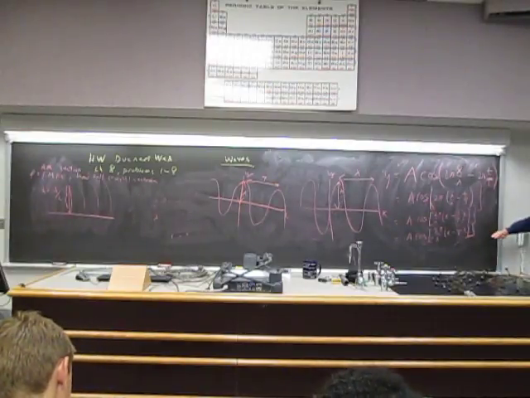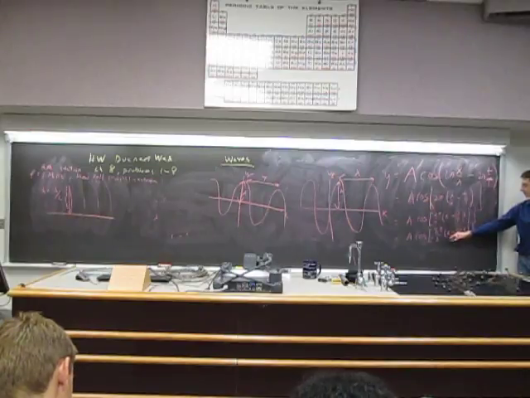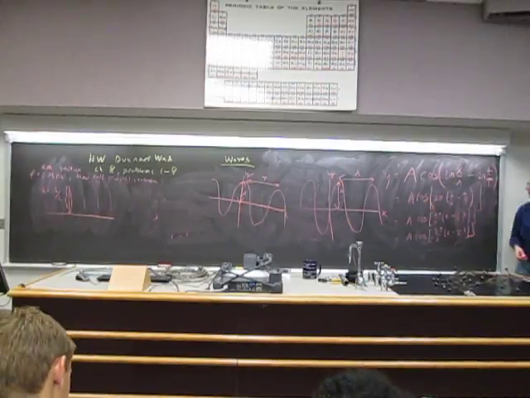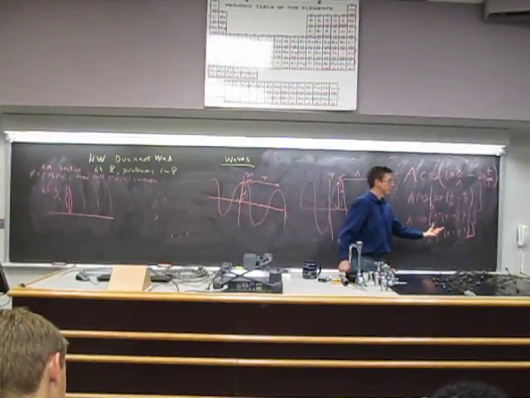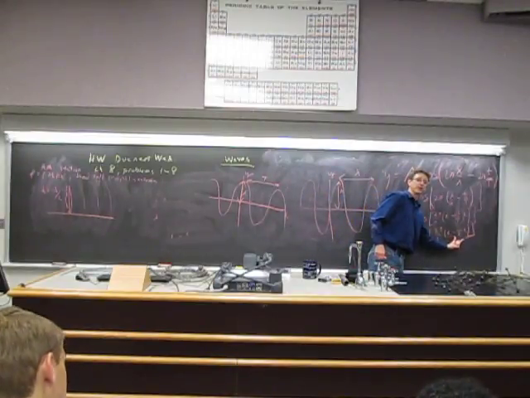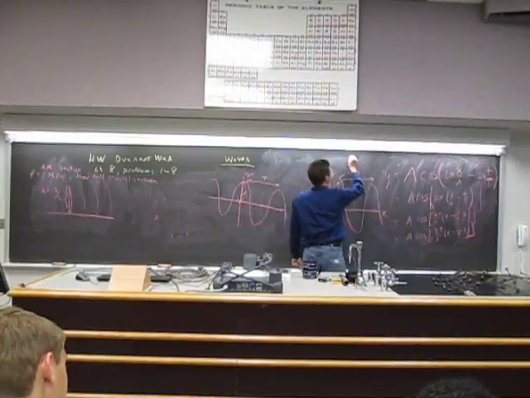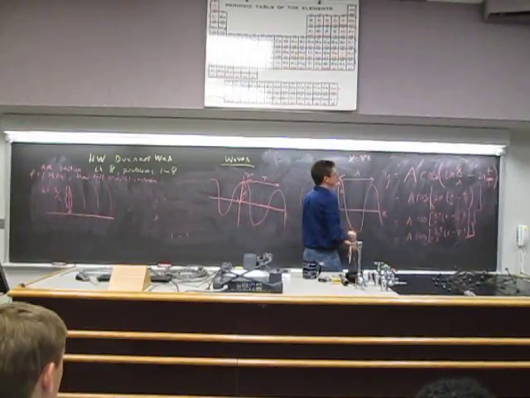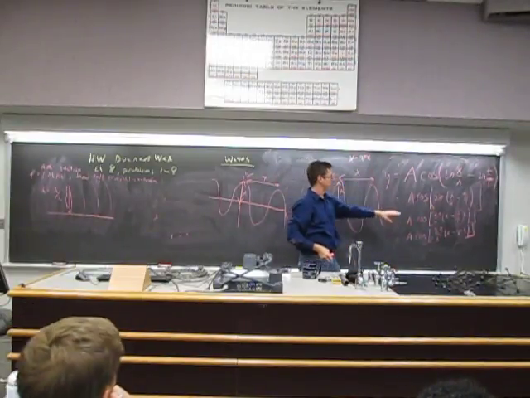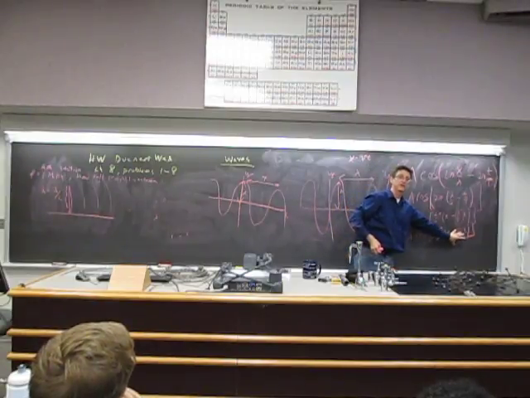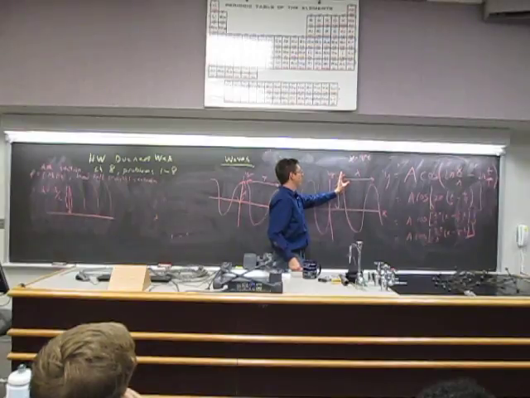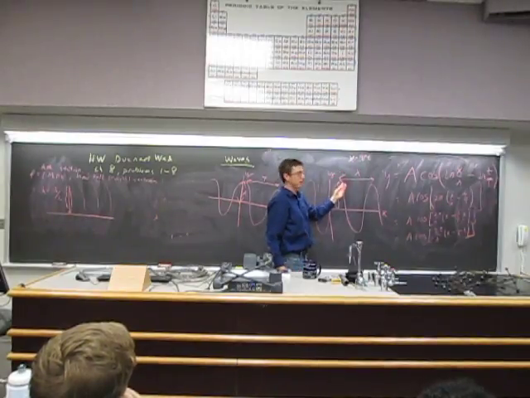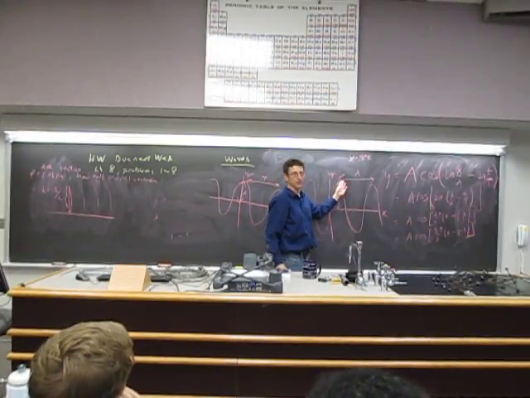If I wanted to just be at a peak of the wave, that would be where this x minus vt is constant, right? If x minus vt is a constant, that would mean this cosine would be a constant. So if I'm on the x minus vt constant, I'm at a point where I'm traveling at the top of the wave.